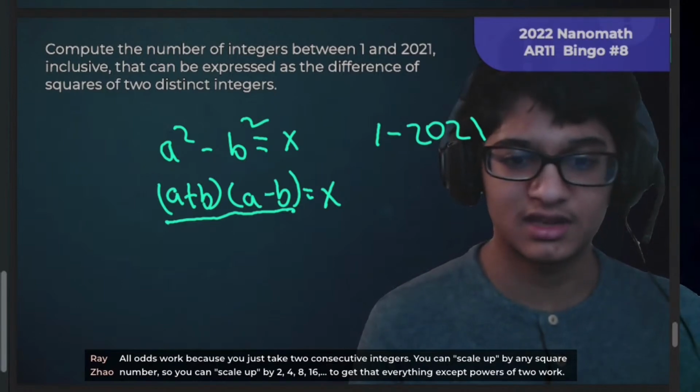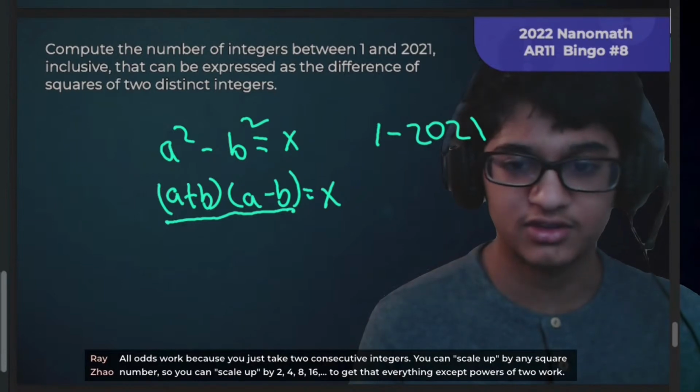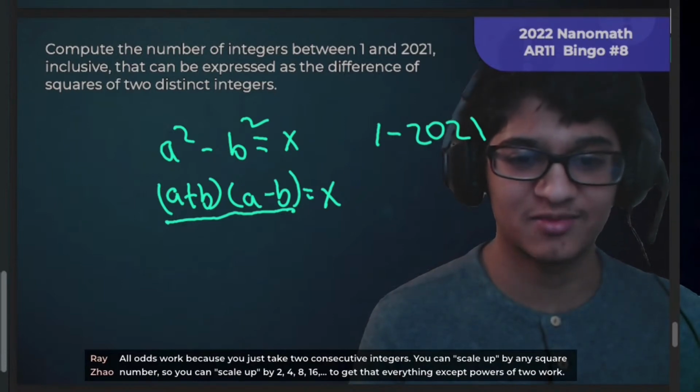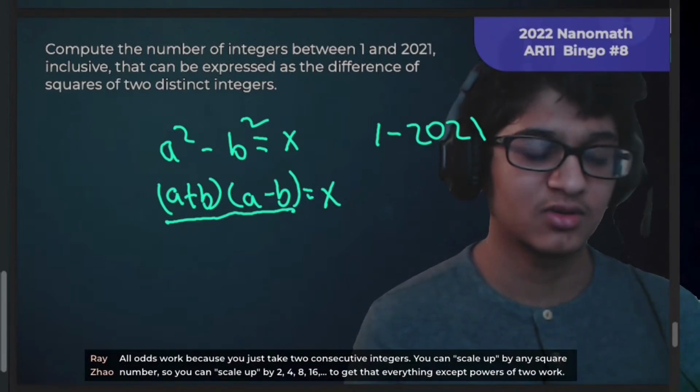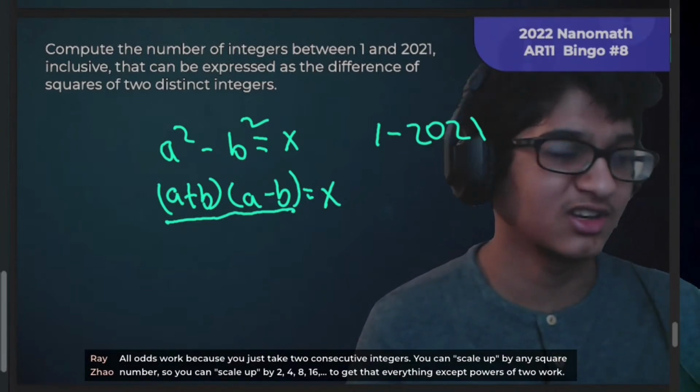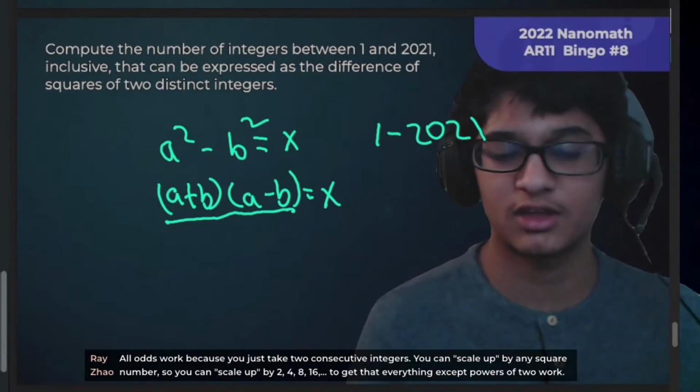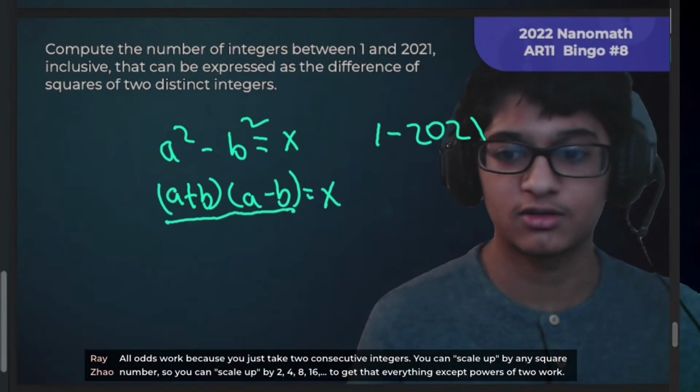So you can scale up by any square number. So you can scale up 2, 4, 8, 16 to get everything except powers of 2 work. So do you want to unmute and explain what you mean by that, Ray Zhao?